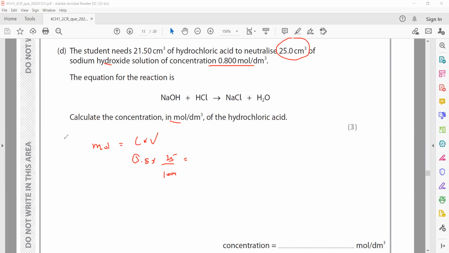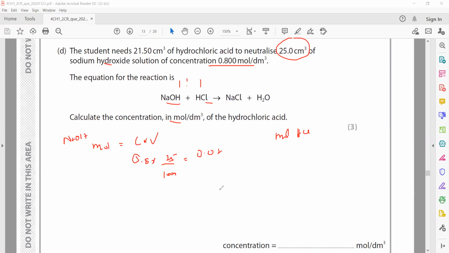We get 0.02 moles of sodium hydroxide. Because the ratio between sodium hydroxide and HCl is 1:1, the same number of moles will be there for HCl.